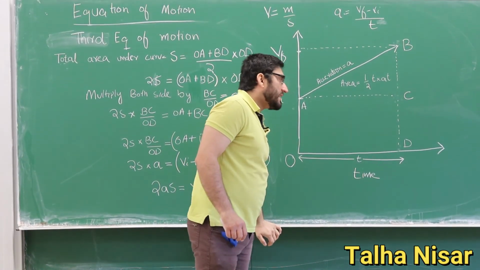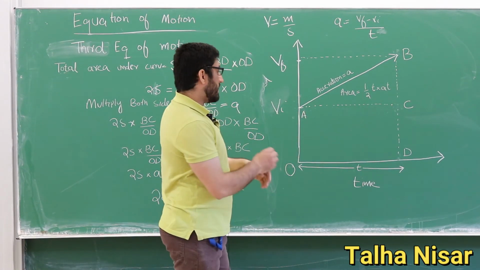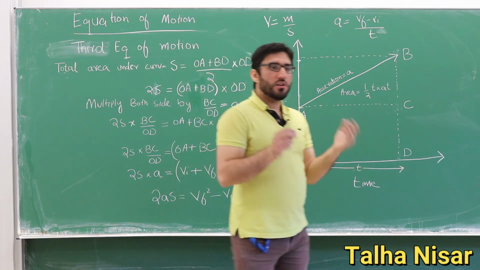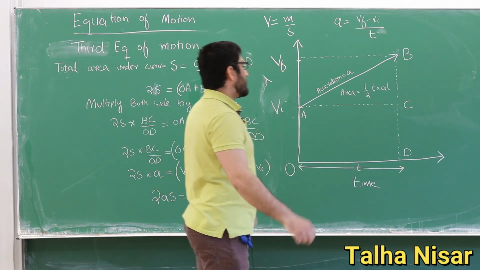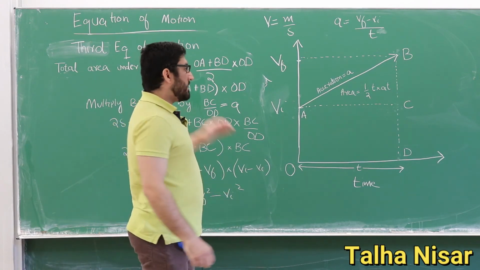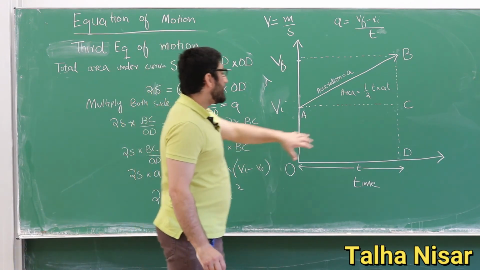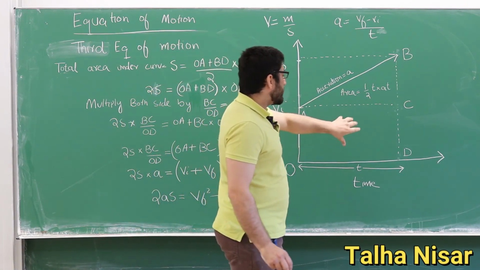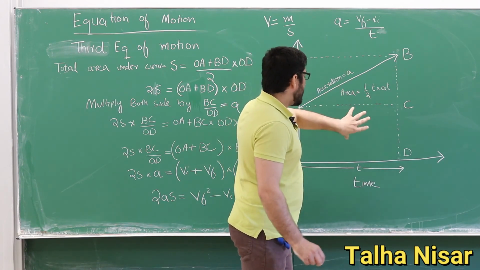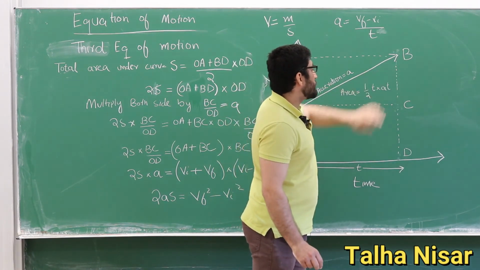So we again come to this figure here. We will derive the third equation of motion also from this figure. In the previous, the second equation of motion, we considered the total area, but we divided it into this rectangle and the triangle here.